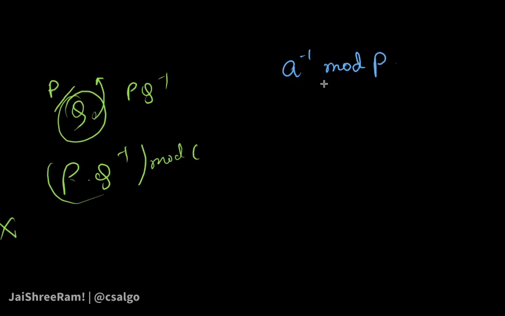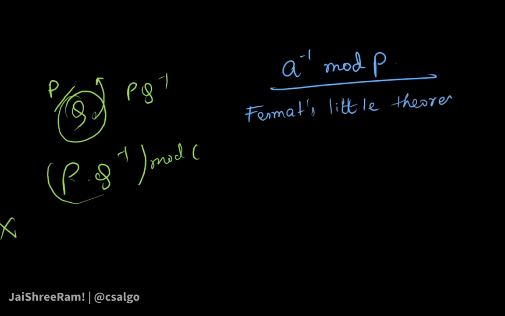Okay, so to find this, we will use a theorem. Okay, so another theorem, something called Fermat's little theorem. It says that if P is a prime, then for any integer a, a to the power P minus a is divisible by P. So P divides this.